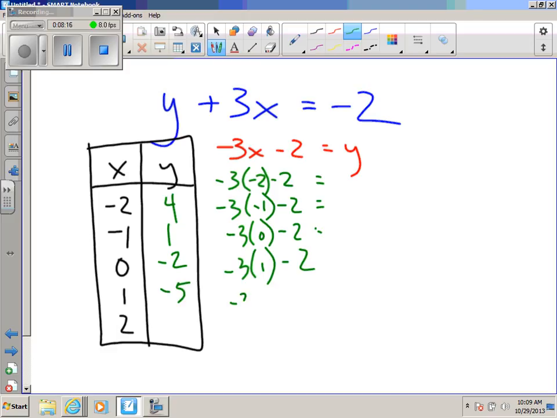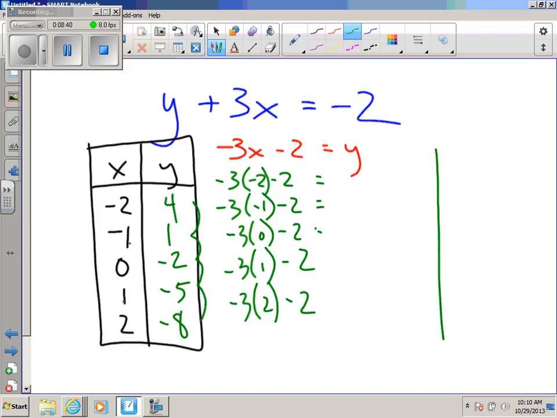And then negative 6 minus 2. You start to see patterns. Sometimes they're a little more evident than other times. What's happening to each time here? Yeah, you're subtracting 3 each time, especially if we take these in numerical order.